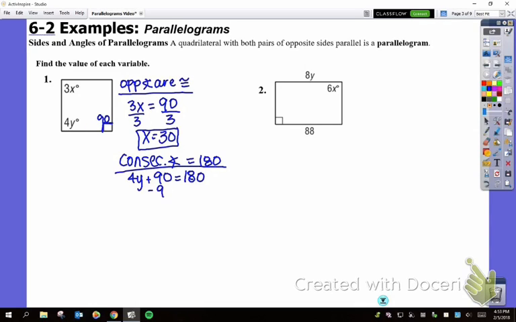Now, of course, if one of our angles is 90 in this picture, then it would appear that all of our angles equal 90. We get to 4y equals 90, divide by 4, and we end up with y equals 22.5.